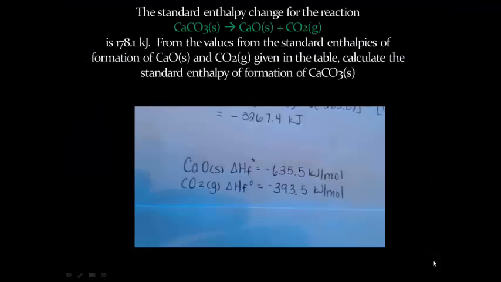Okay, here's one last example using Hess's law. So the problem states the standard enthalpy change for the reaction calcium carbonate goes to calcium oxide plus carbon dioxide is 178.1 kilojoules. From the values from the standard enthalpies of formation of calcium oxide and carbon dioxide given in the table, calculate the standard enthalpy of formation of calcium carbonate.